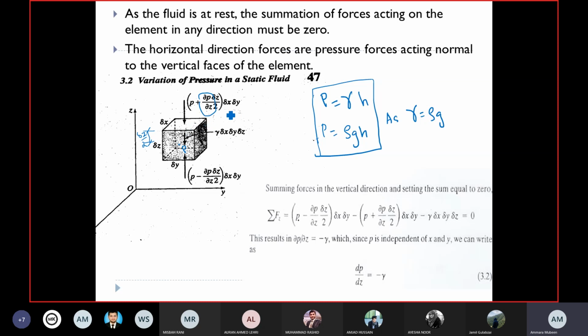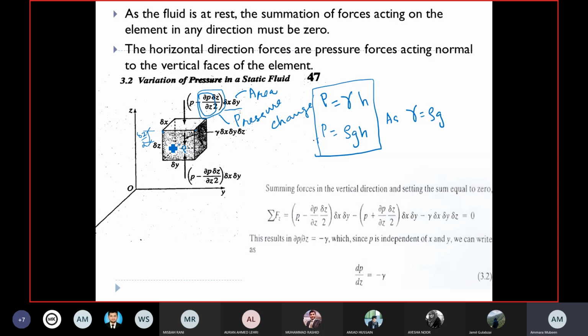And pressure multiplied by the area of the top surface, which is delta X multiplied by delta Y. Okay, from here to here is delta Y. So this is the area, and this whole term is the pressure change, which depends upon the pressure gradient, and this is the pressure at the middle.